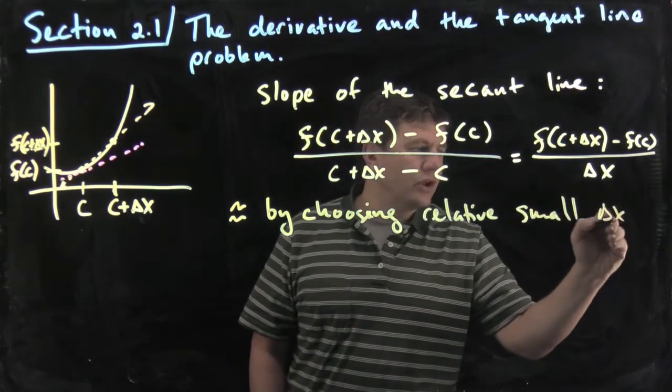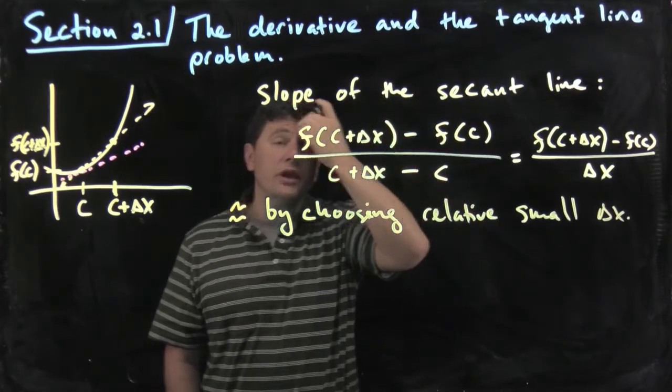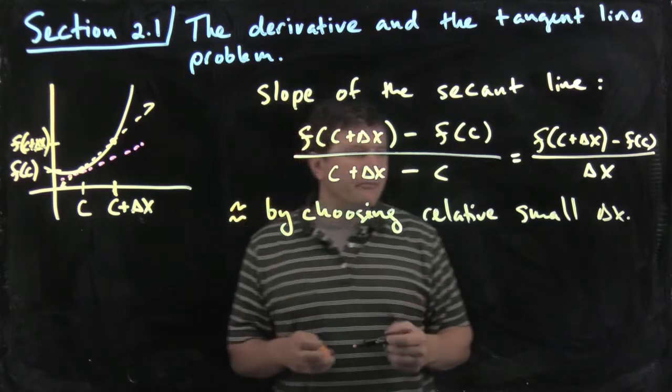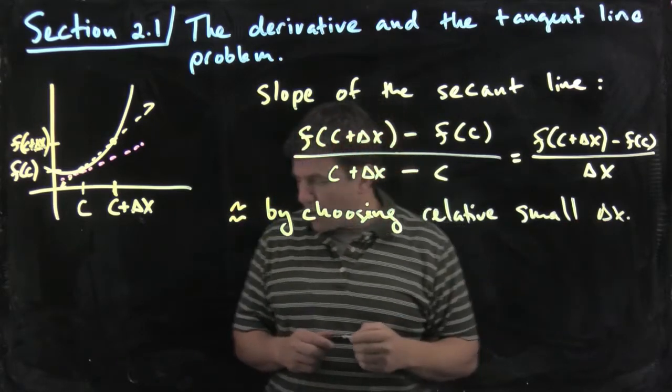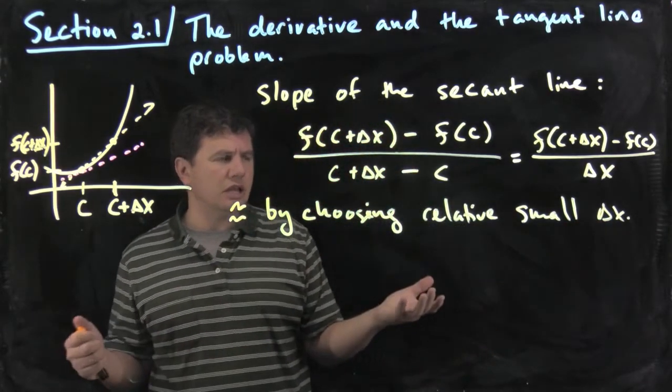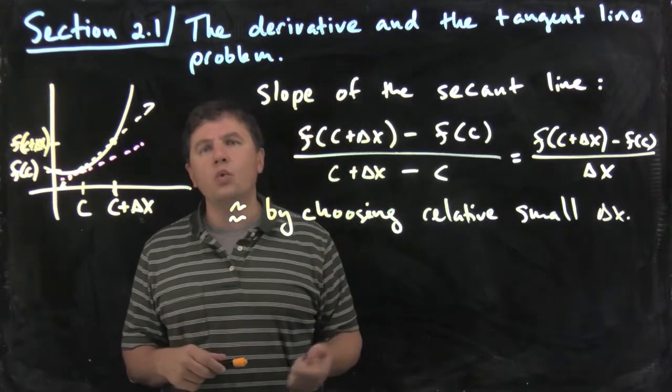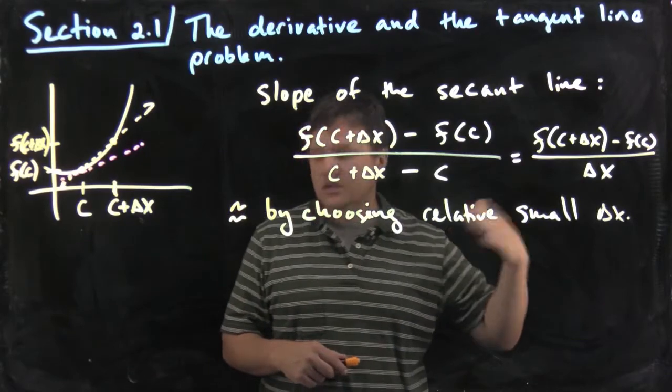Sometimes, if we're looking at a table of values, we can only get as close as the table will allow, but we typically go for the smallest thing we can get. If we had an equation, we could choose values for delta x like 0.1, 0.001, et cetera.